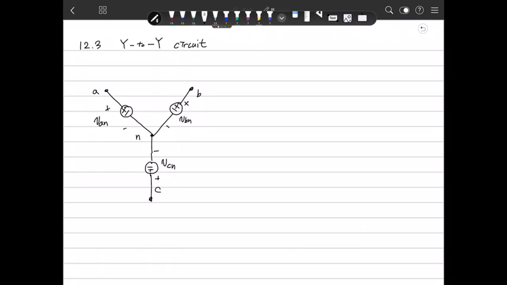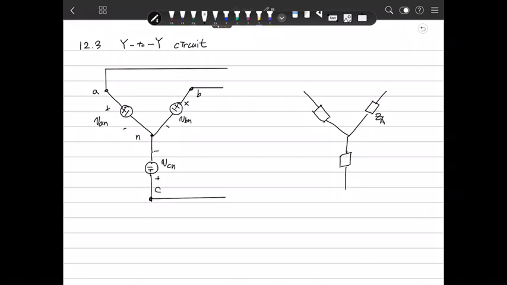And there are loads. The same configuration is a Y configuration. There is one load, and one more load, and one more load.